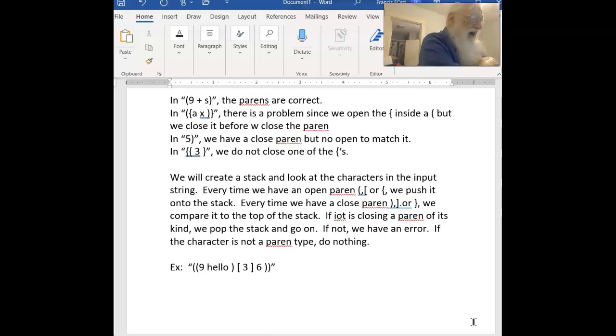Now, that's properly set up. The stack is going to go this way. The first thing we'll see is we'll put the paren in. We'll then put the second paren in. So now we have the stack with 2 items on it.